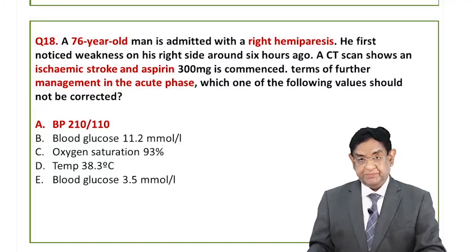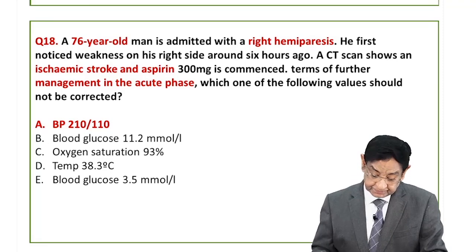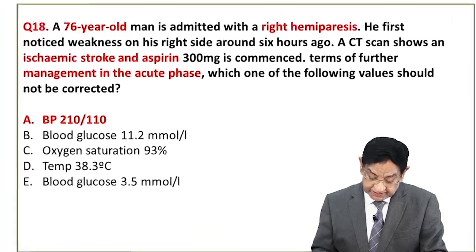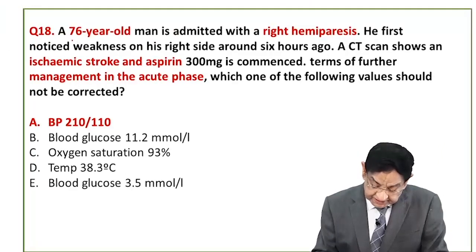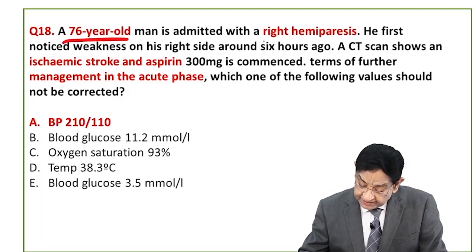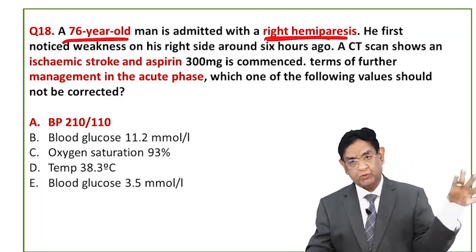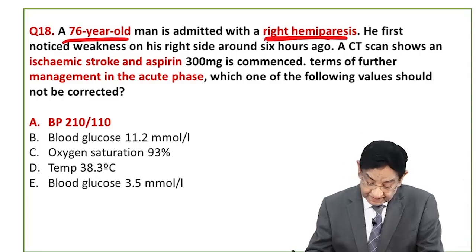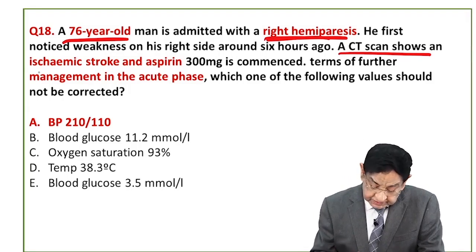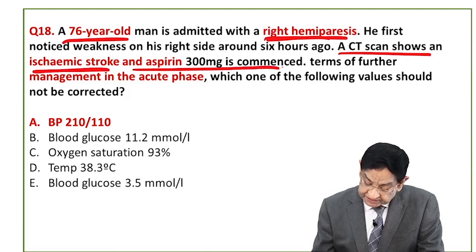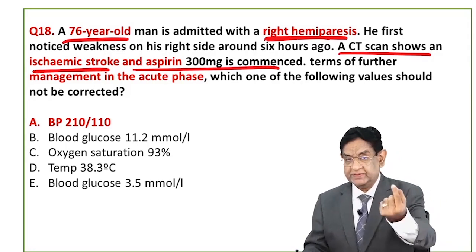Lovely question. Beautiful question. Quite possible that a 76-year-old gentleman, right hemiparesis stroke. CT scan shows ischemic stroke and aspirin started. As usual, the first thing we start is aspirin.